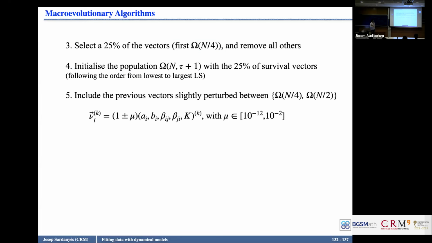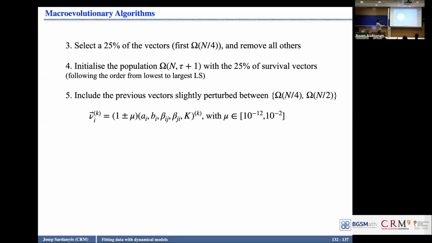Then what I have to do is to fill the second block. I select this 25% of better solutions that go from 1 to n divided by 4, and then from n divided by 4 to n divided by 2, I take the values and I modify them a little bit.